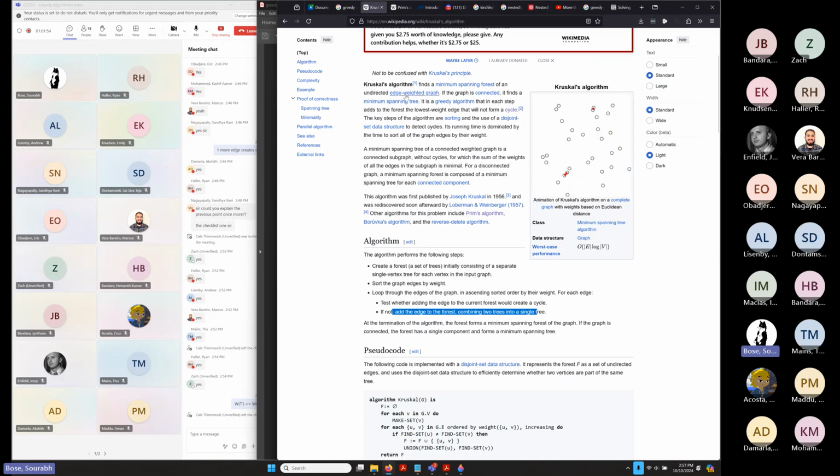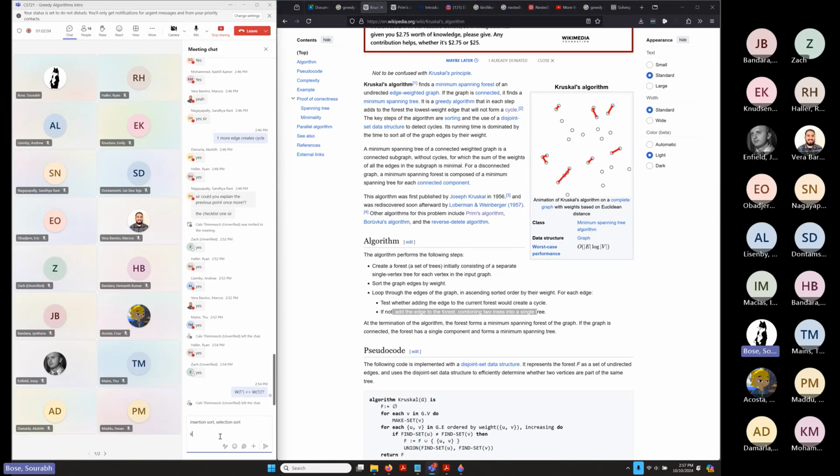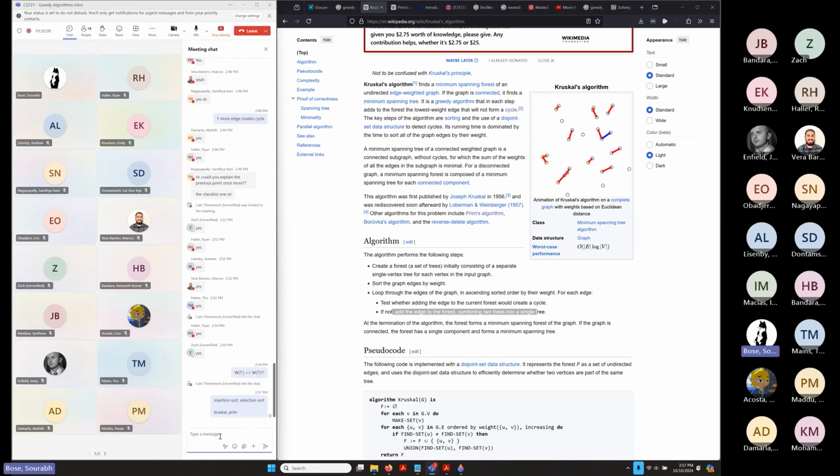I have a very weird question. I would love for you to answer this thing. Insertion sort, selection sort, Kruskal's way, Prim's way. Can you say which one is what in some weird scenario? Can you compare these two sorting algorithms?